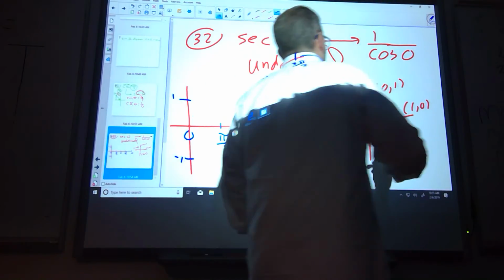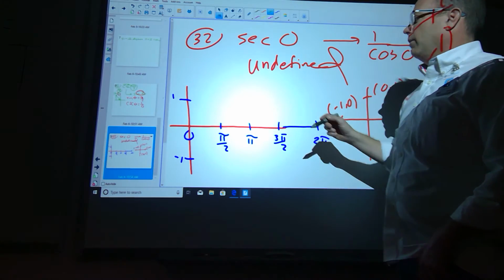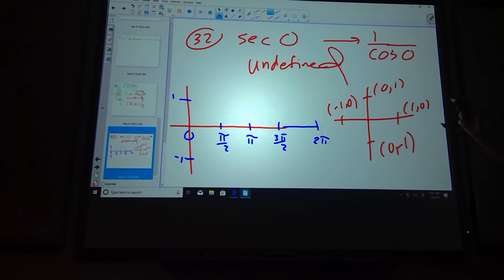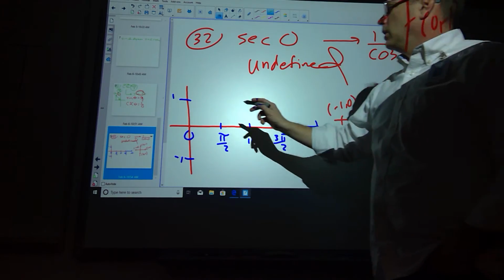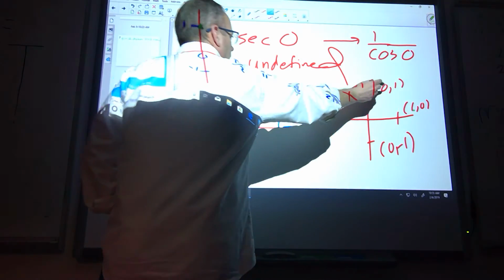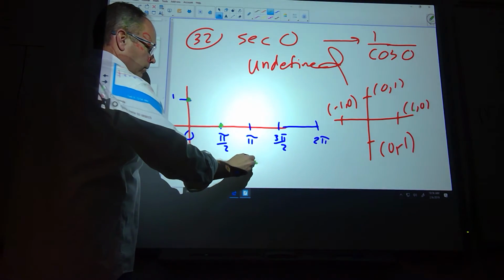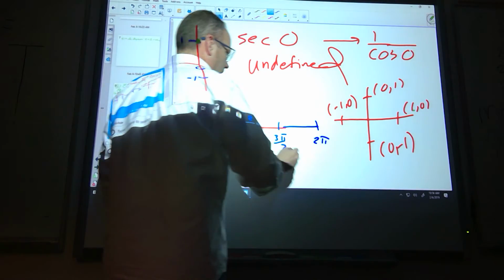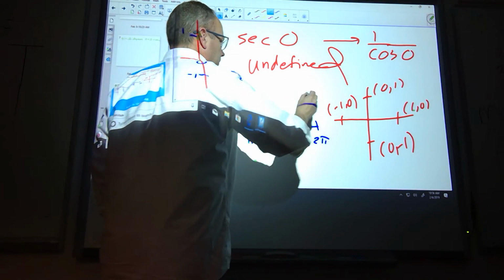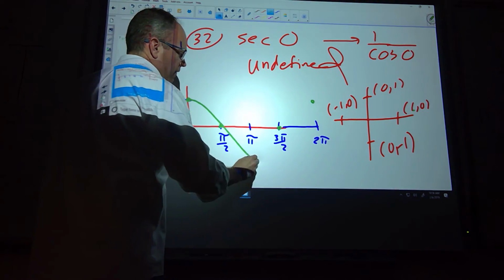watch this. This is how easy this is to do, and we'll cover this more tomorrow. Cosine is my x value. So here it's at 1. Here it's at 0. Here it's at -1. Here it's at 0 and back up. So this is what the cosine graph actually looks like.